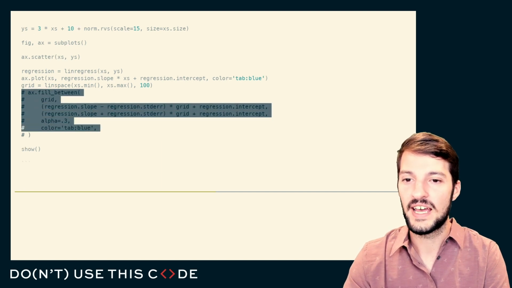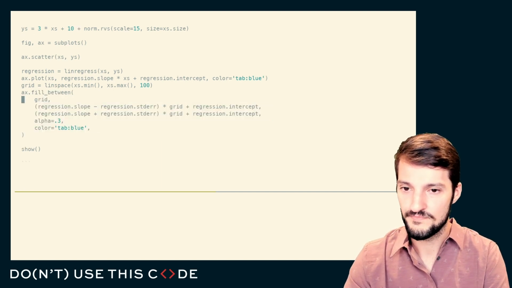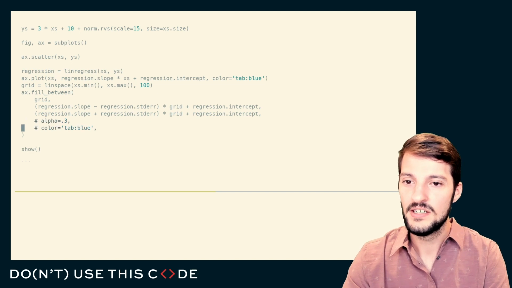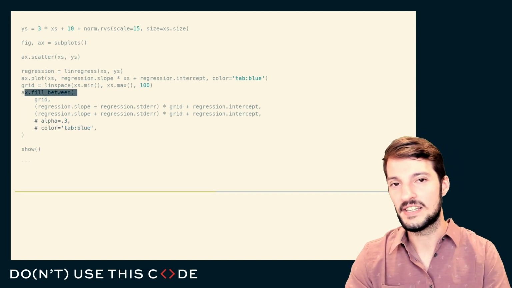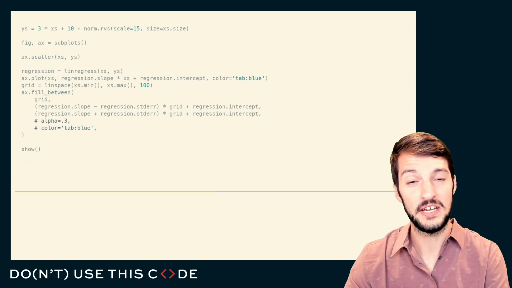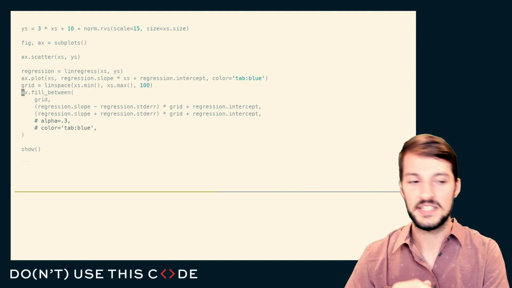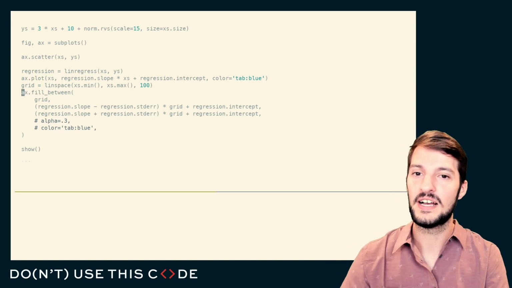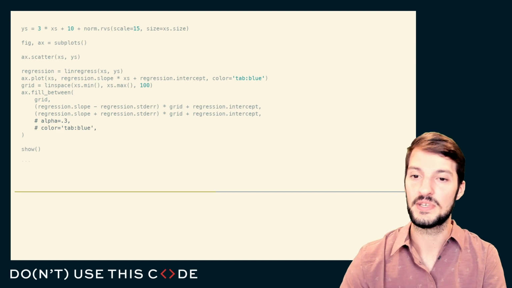Well, you can actually use fill_between as a method to highlight specific patches or specific areas. And this is distinct from things like vlines and vspans, or hlines and hspans.